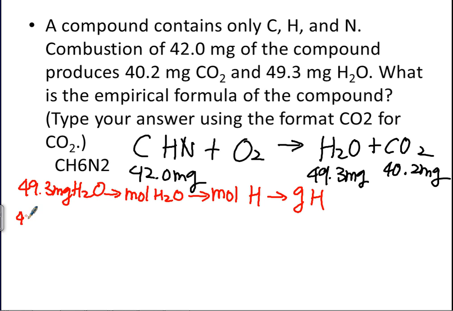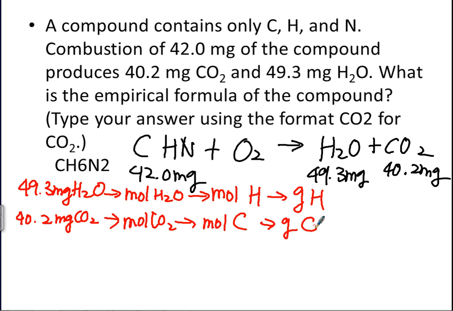I have 40.2 milligrams of carbon dioxide. I can figure out the moles of carbon dioxide, and then I'm going to find the moles of carbon. So now we've got grams of carbon, right?